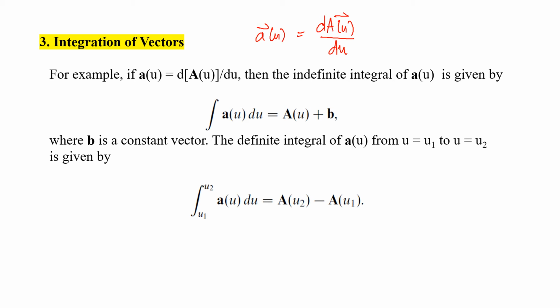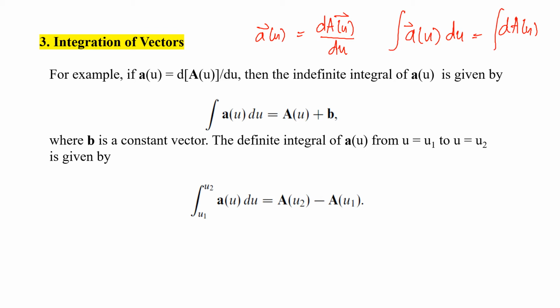So what we did here is we want to evaluate this. We want to get A of u. So we multiplied with your du, so on the right hand side, you have just your dA of u. And we evaluated this one. We take the integral of both sides.